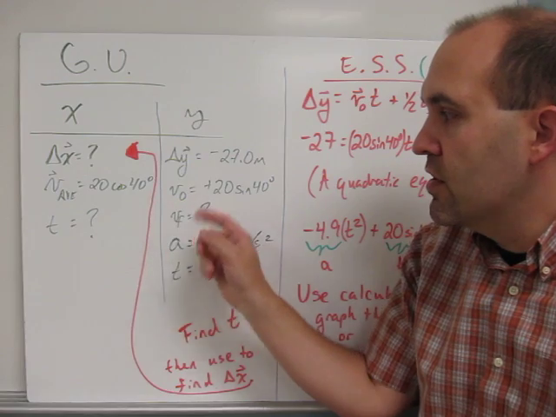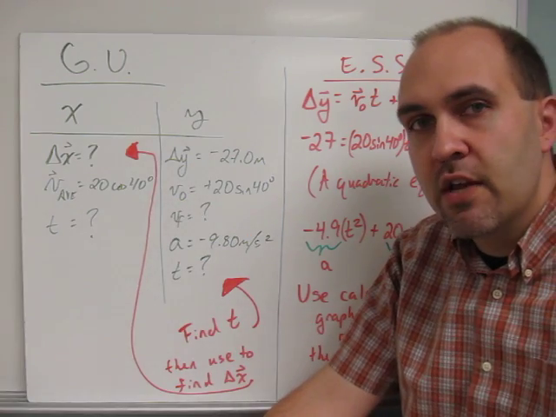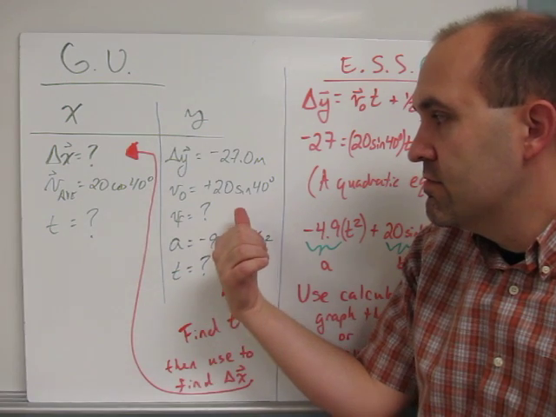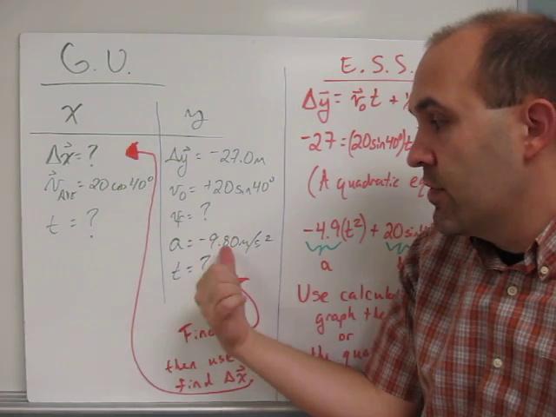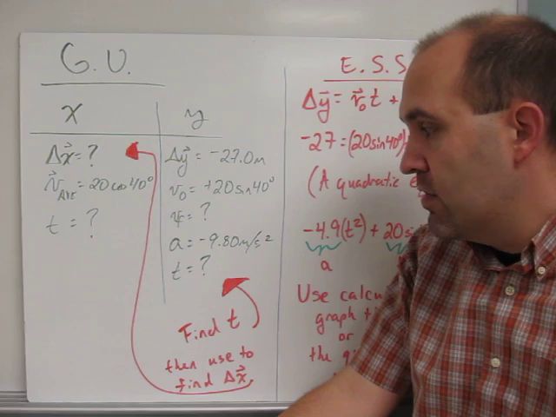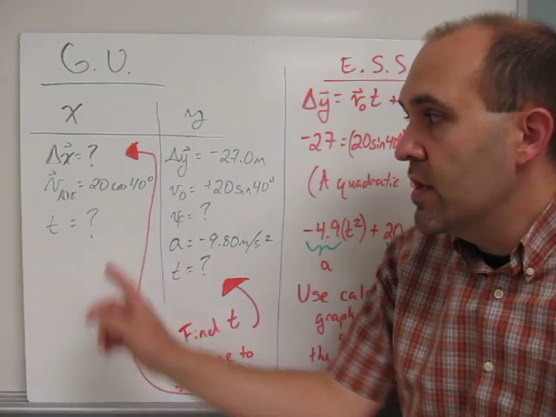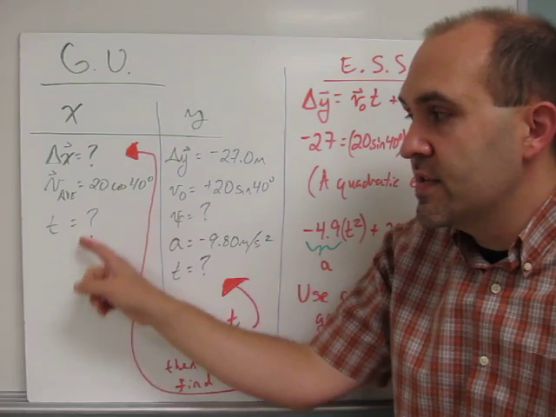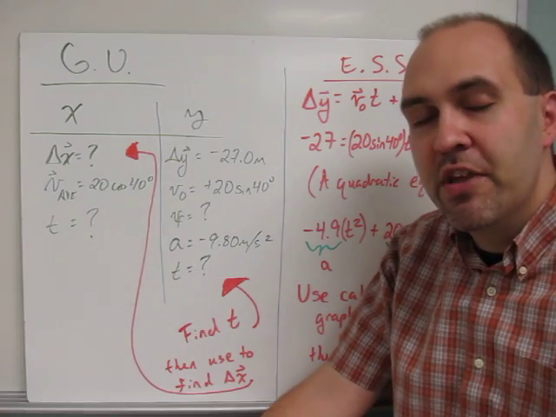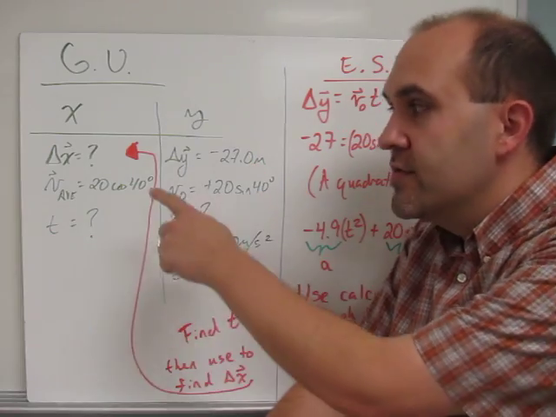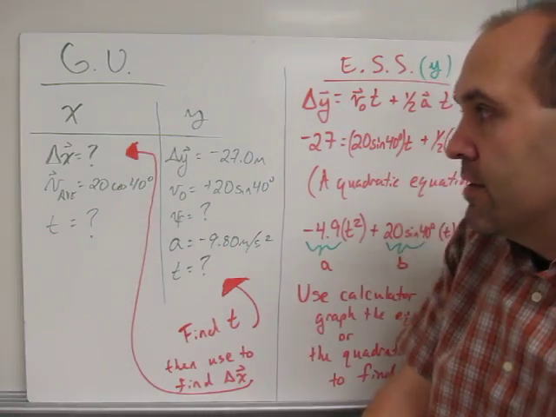We know the initial vertical velocity at the very beginning is 20 sine 40. The final vertical we don't know. It's bigger than 20 sine 40 and negative. Acceleration is negative. That is, it's down, 9.8 meters per second squared. And the time is unknown. So it would be pretty easy to find this horizontal distance if we knew the time. And so like so many other cases that we've done, we're going to find the time in the vertical and then use it in the horizontal. Those are my notes down here.